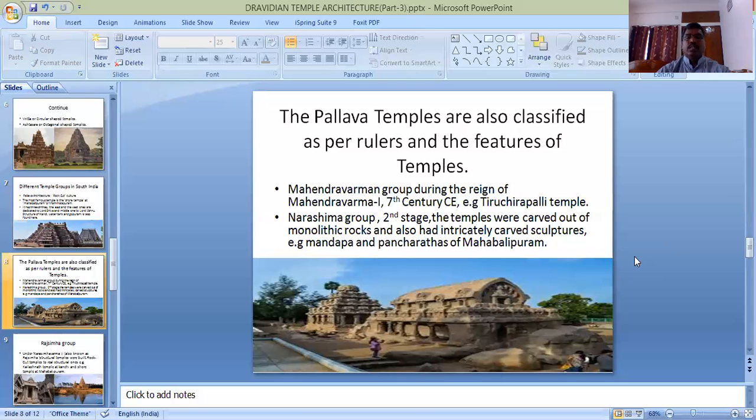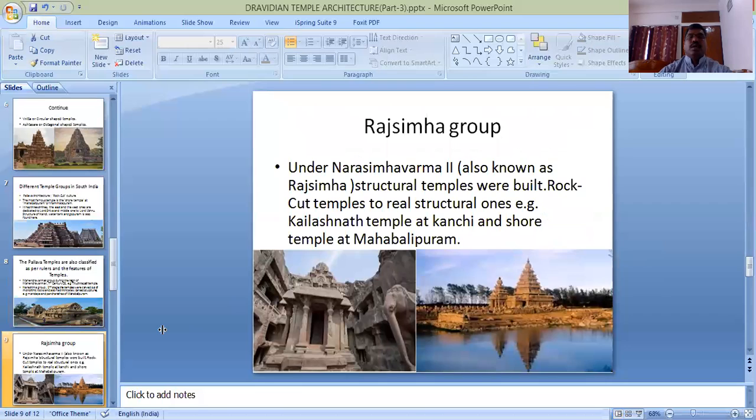And Narasimha group, that is the second stage of the Pallava temple style, the temples are carved out of monolithic rock and also had intricately carved structures. That is the Mandapa and the Pancharathas of Mahabalipuram, which specify the Narasimha group of the Pallava temple architecture.